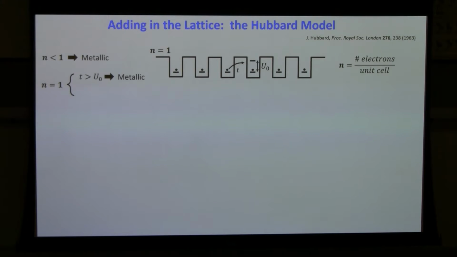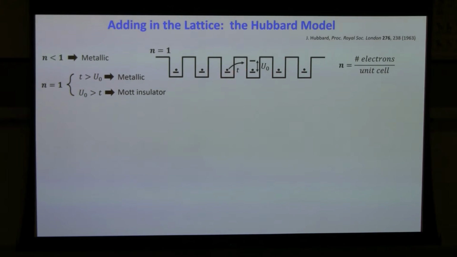In this case, the electrons have to pay the cost of double occupancy to move around, and things are a little trickier. However, if the kinetic energy is much bigger than the potential energy, like in this regime, then the system is typically metallic because the electrons can move around. They don't worry about the cost of the Coulomb potential.